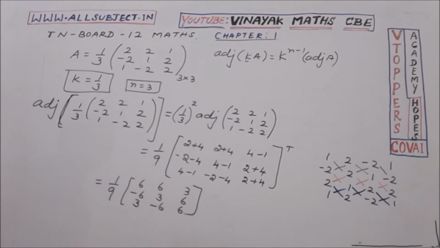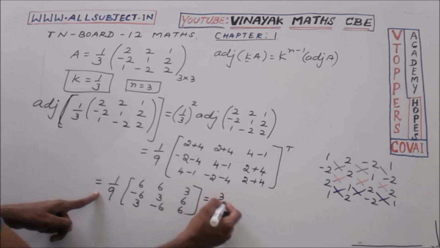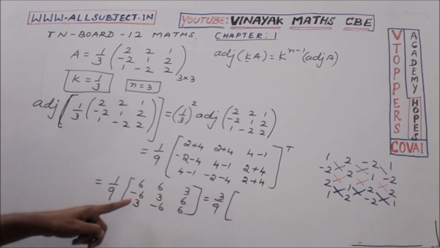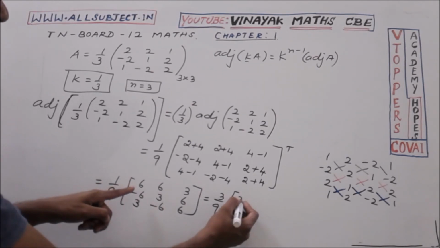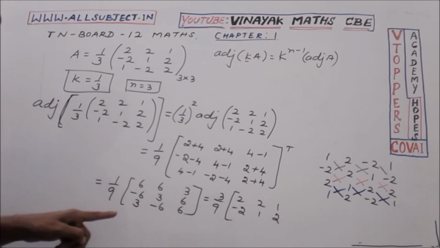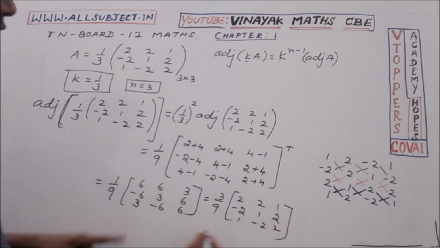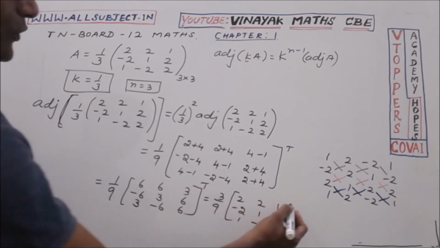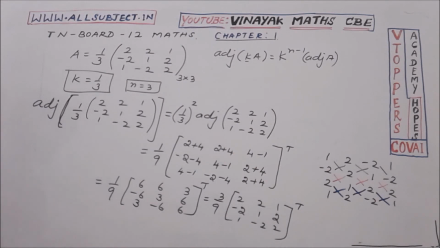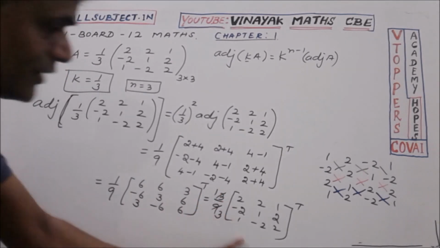Now all are multiples of 3, so remove 3 as common, then cancel with this 9, which is equal to 3 by 9 into, 3 removed as common, so 2, 2, 1 in the first row, minus 2, 1, 2 in the second row, and then 1, minus 2, 2 in the third row. We should not forget to apply transpose here, then apply transpose. Now cancel 3 and 9, by 3 table 1 by 3, and then transpose it.